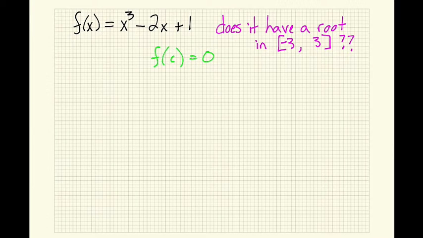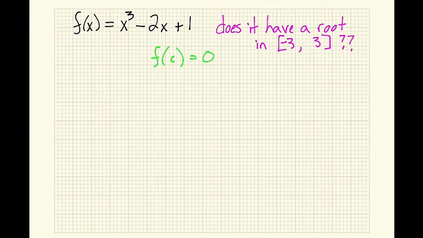I'm looking for a 0 which is between f of a and f of b, and if there is a 0 between f of a and f of b, then there must be a point c that's between a and b.